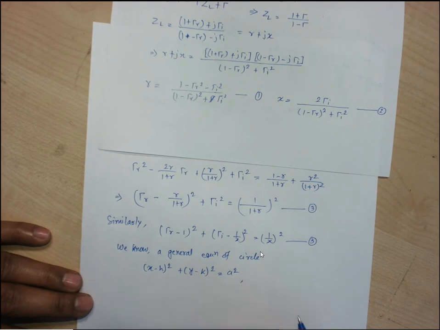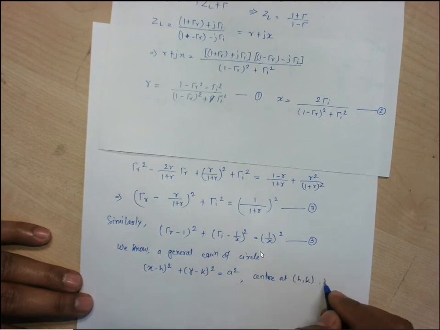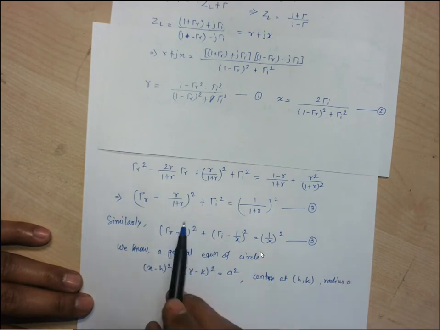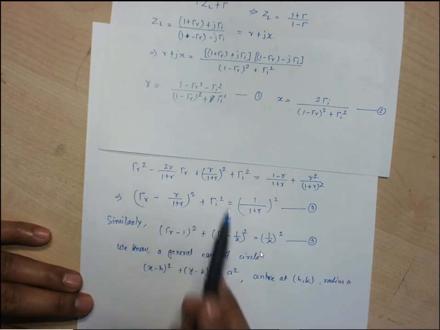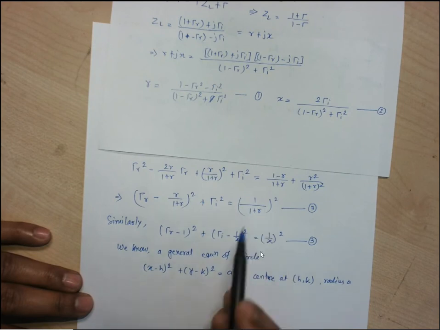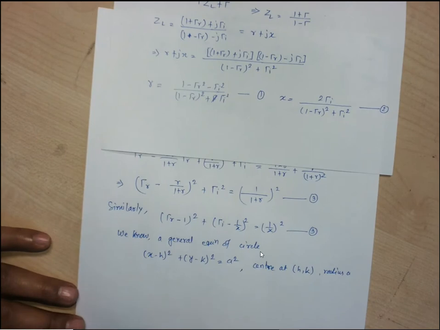So here the center is at h comma k and the radius is a. Same kind of thing, we can have the center at this one and 0, and the radius is this, and for this, the radius is 1 by x, like this.